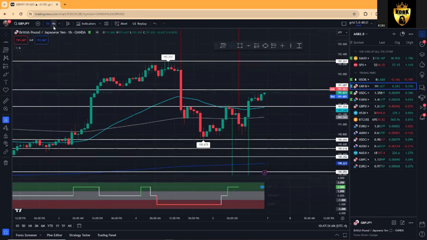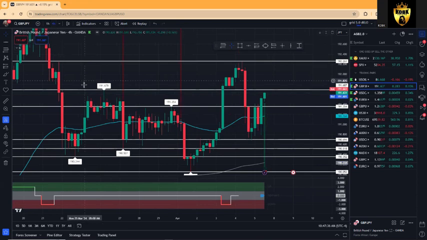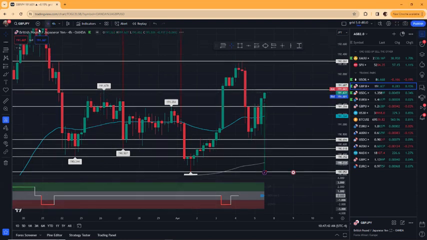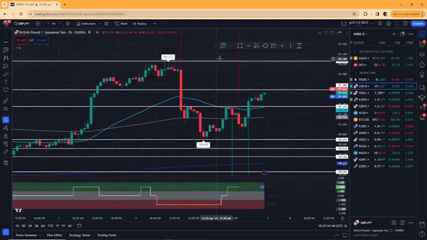Now, on the higher time frame, when I go to the 4, you see back here previously there was a high. On the 1 hour, I know that is the high for what I'm looking for. So price has already hit the low, and now it's going back up to the high. I could have entered for a buy, and we do know we're in an uptrend.